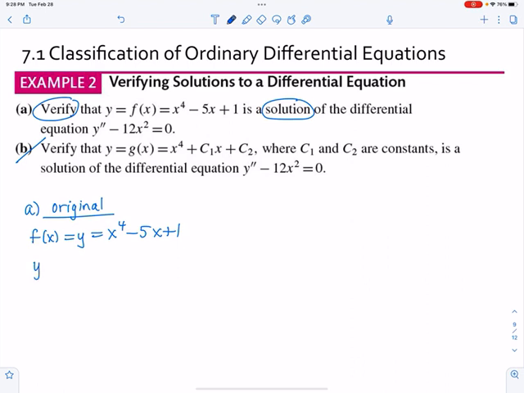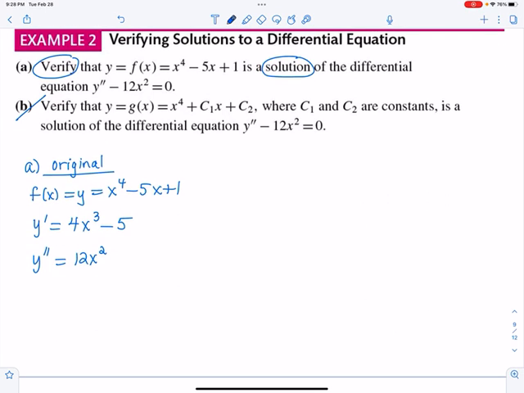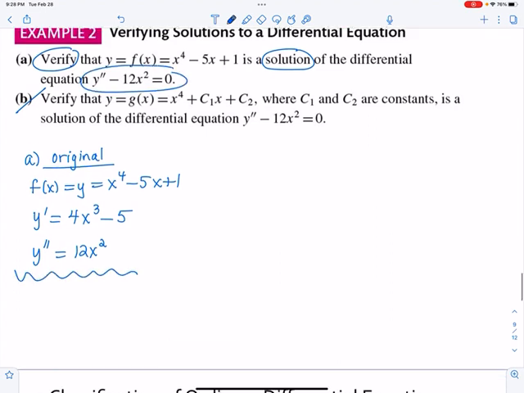If I need to find y prime using my power rule, here is what I'm going to get. And then I'm going to do y double prime, which is 12x squared. So that is the first and second derivative. And I'm given this second derivative right here as well.